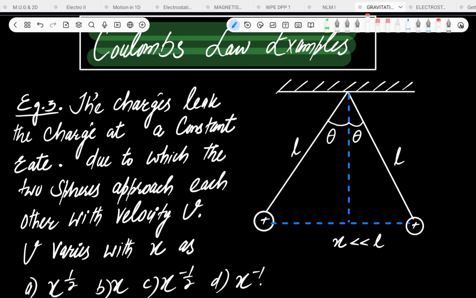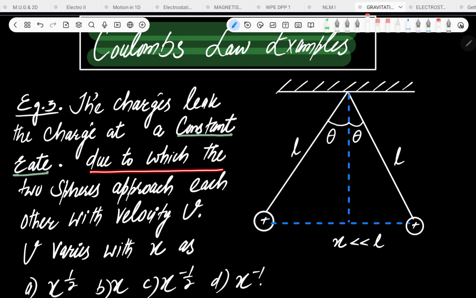Now see that the question is like this, that the two particles, this particle and this particle, leak out charge, which means that the amount of charge they carry decreases with time. Okay, at a constant rate, which becomes very important. Let me highlight this for you, that at a constant rate, this constant rate is very important.